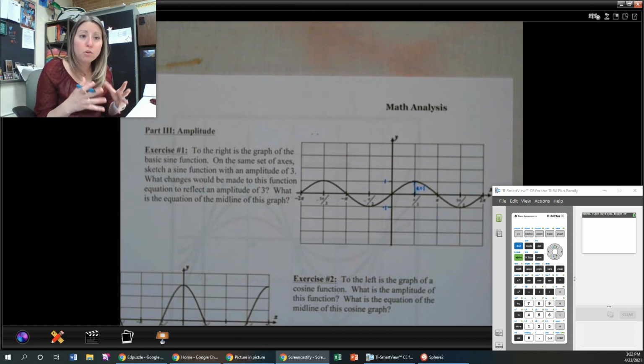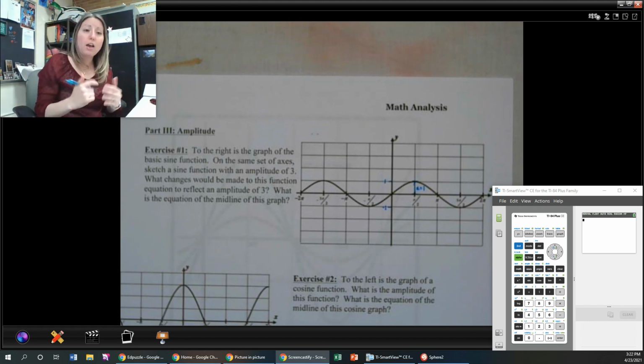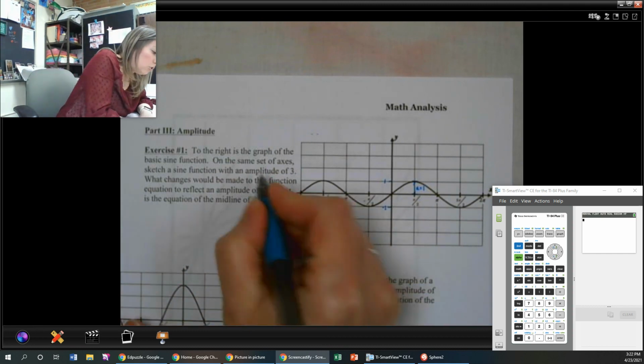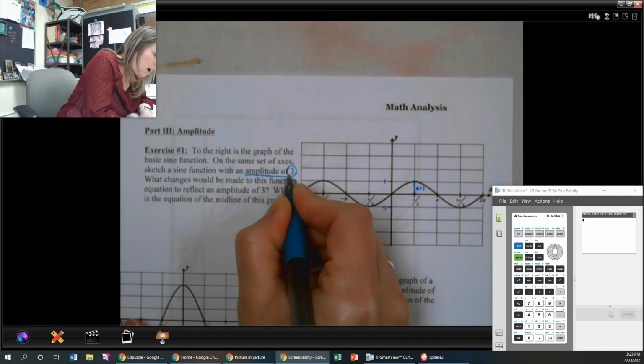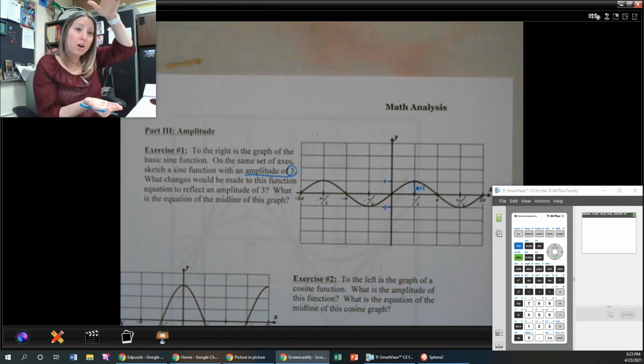Now, an amplitude of 3 would mean that its maximum is now all the way up to 3, and its minimum is now all the way down to -3. So changing it to an amplitude of 3 on the same axis would mean that the curves are just higher and lower.